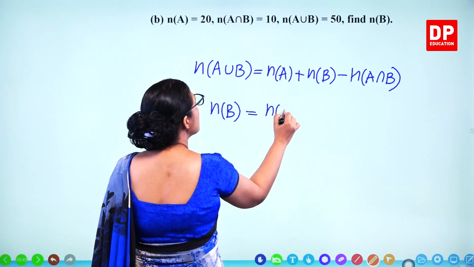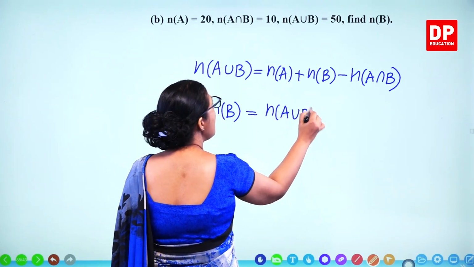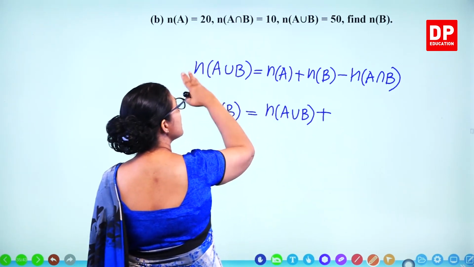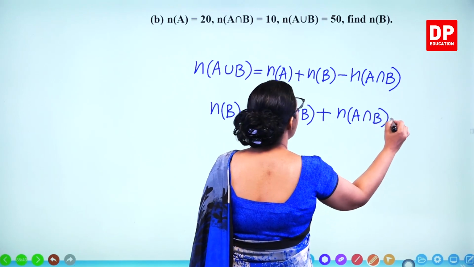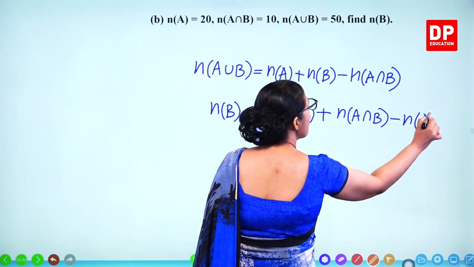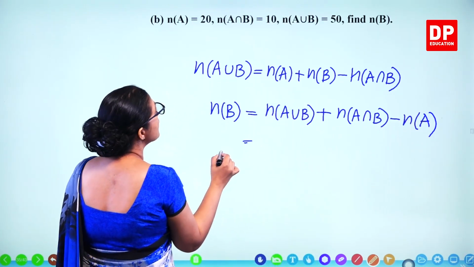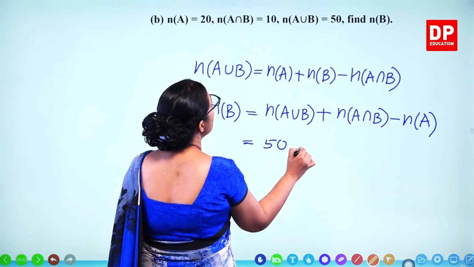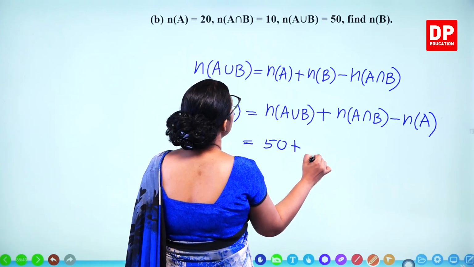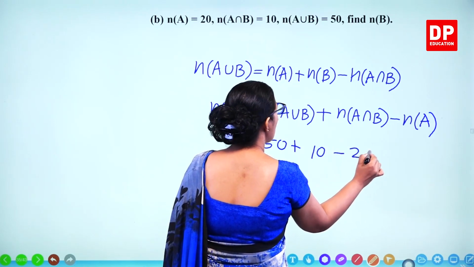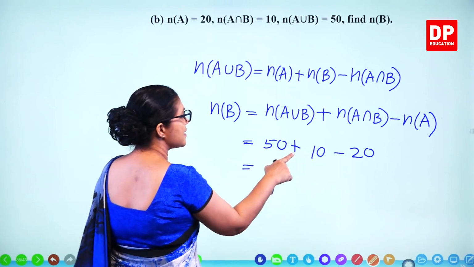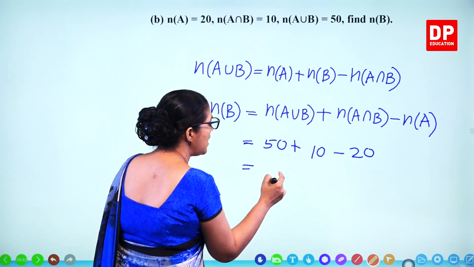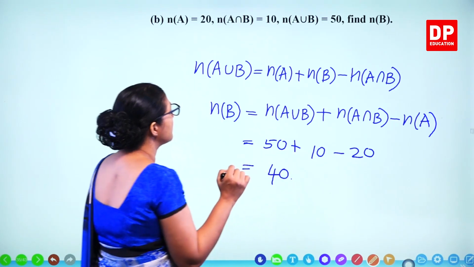That means n(B) is A union B plus A intersection B minus n(A). Now substitute the values. Union is 50, intersection is 10, A is 20. 50 plus 10 is 60, 60 minus 20, 40 is the answer.